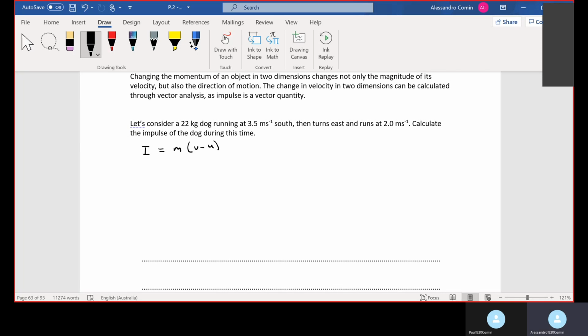Calculate the impulse. Well, straight away, this can be u and this can be v. v minus u. So it's going to be 2 east. And what is the negative of south? North. So it's going to be 3.5 north.